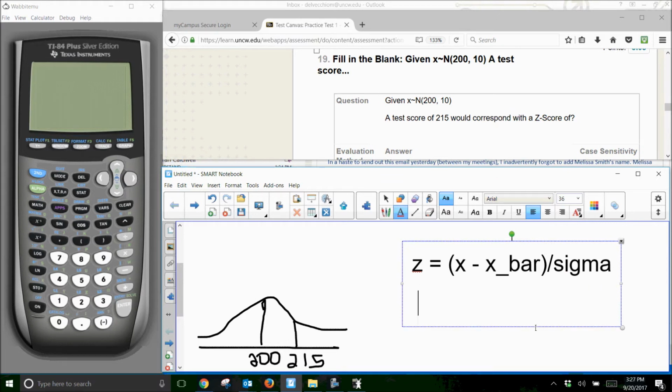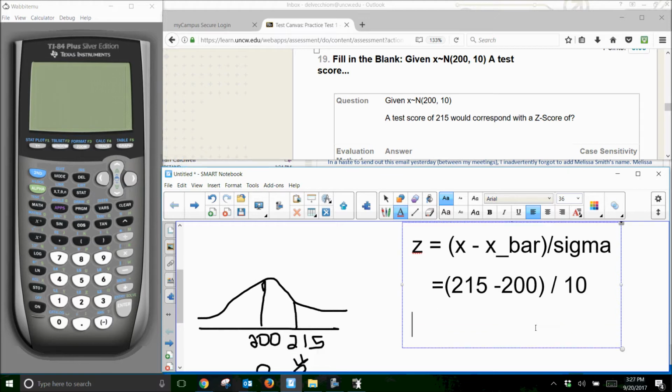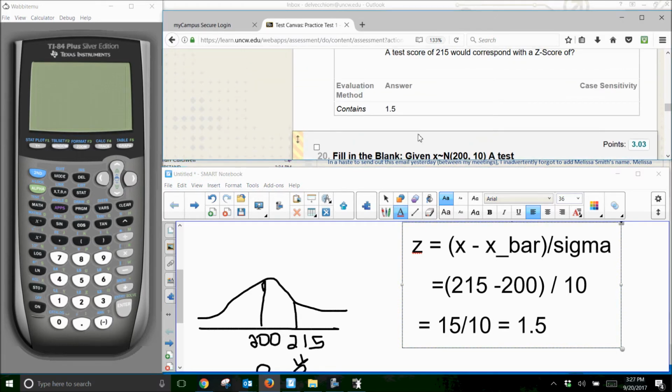So here we have the score 215, and we'll subtract 200, and then divide that by 10. So we'll have 15 divided by 10, which of course is 1.5. Again, this is a positive z-score, so that falls in line, and it matches up here with our answer.